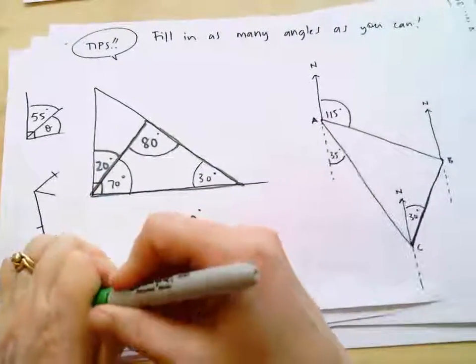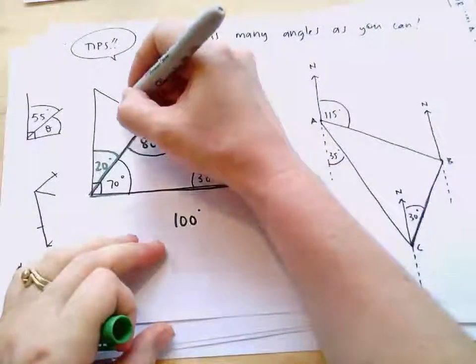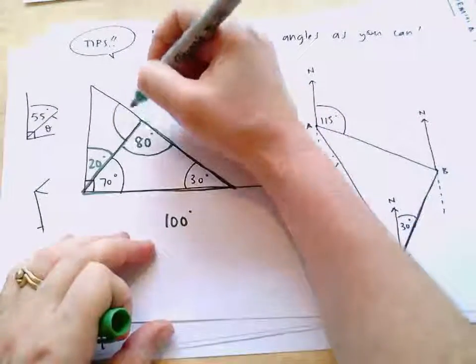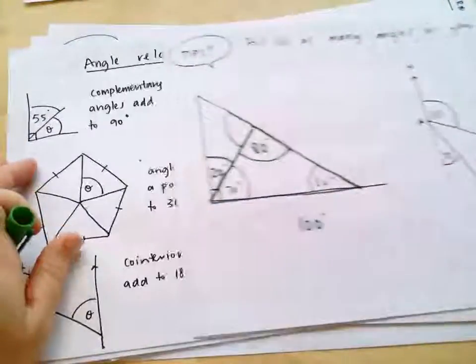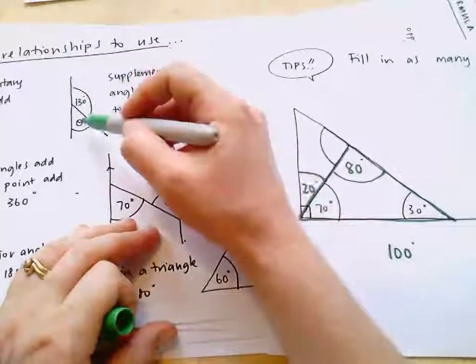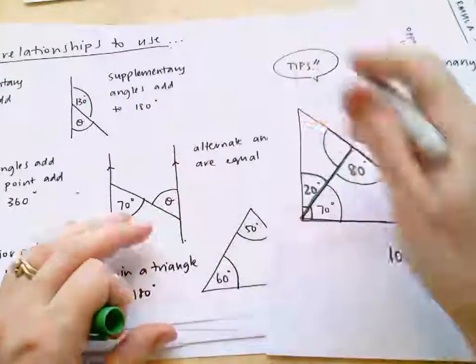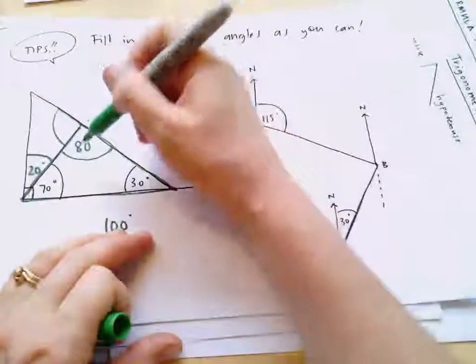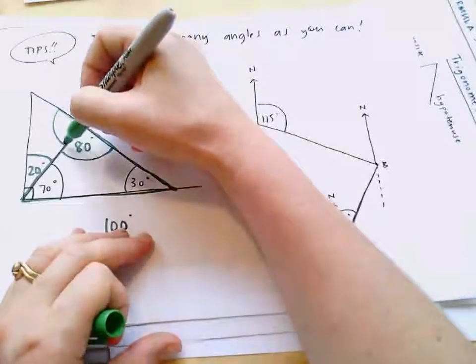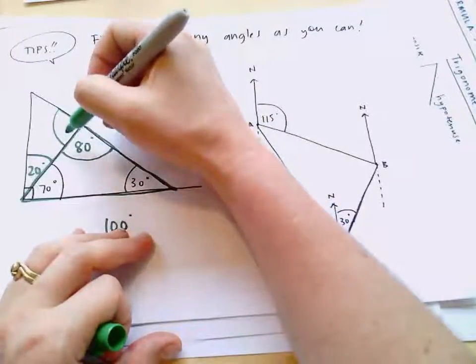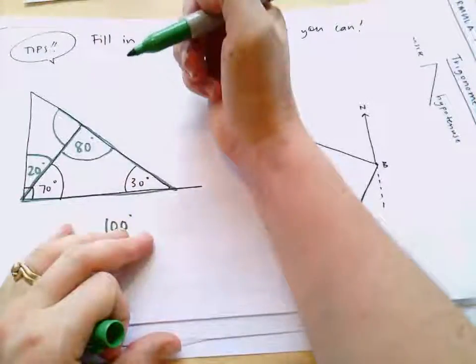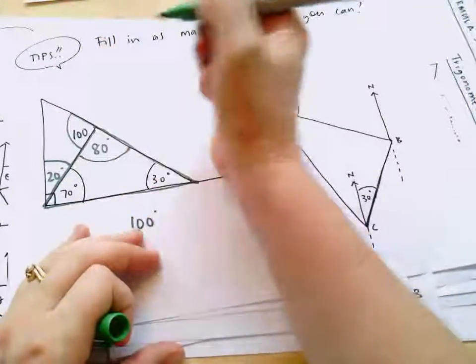Now I'm going to use that fact to work out what this angle must be. Well, these two angles are on a straight line here. So I'm going to use this rule, that supplementary angles add up to 180. If this one here is 80, I have to think, well, what must this be in order for these two to add to 180? So this one here must be 100.